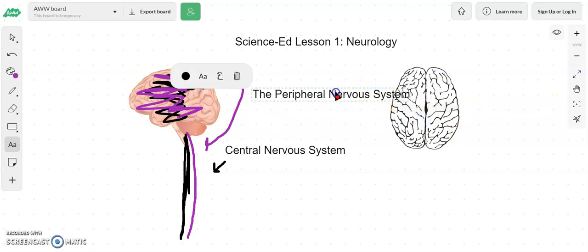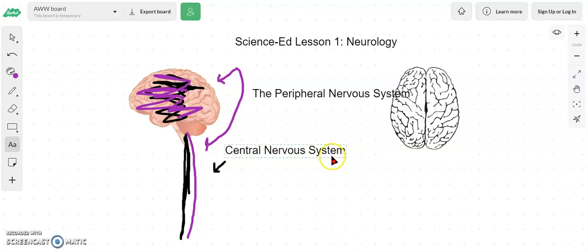So right here is the peripheral nervous system, and right here is the central nervous system. First, I'm going to explain the central nervous system and then the peripheral nervous system.